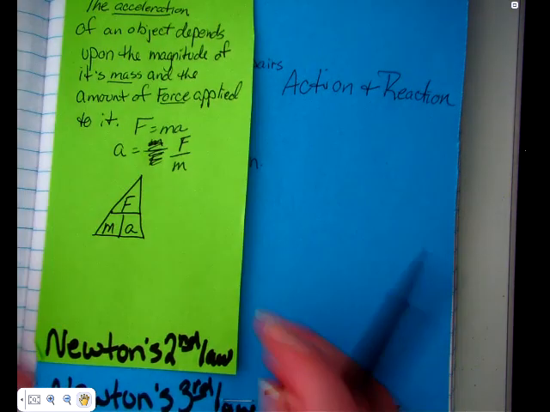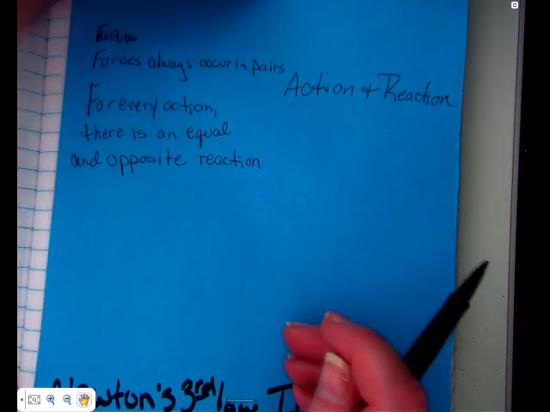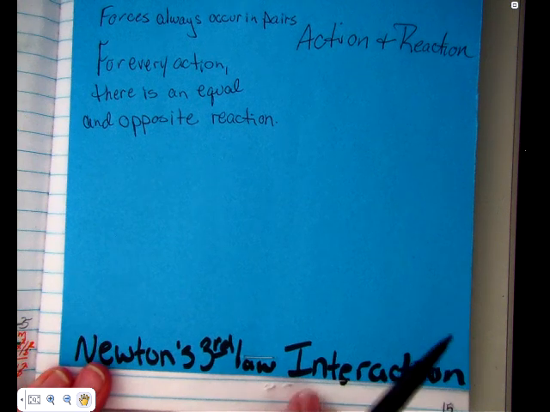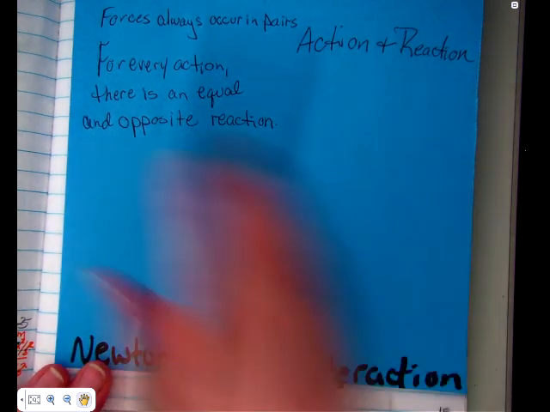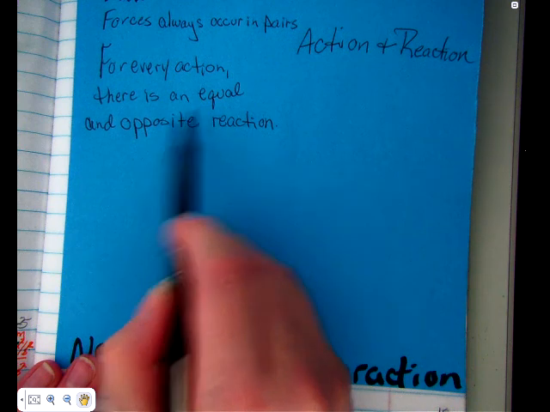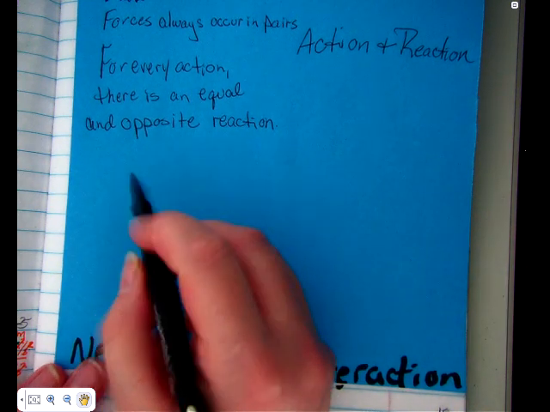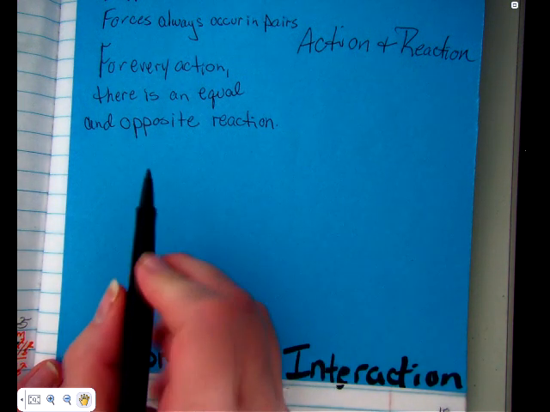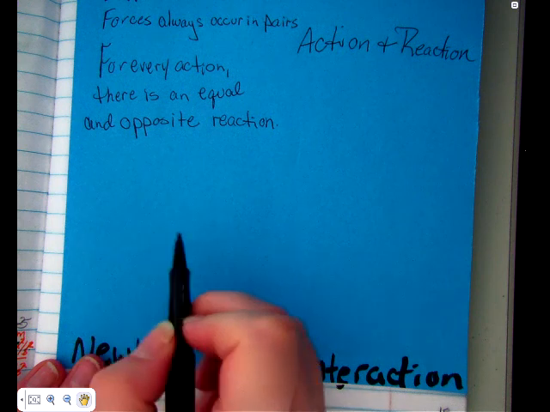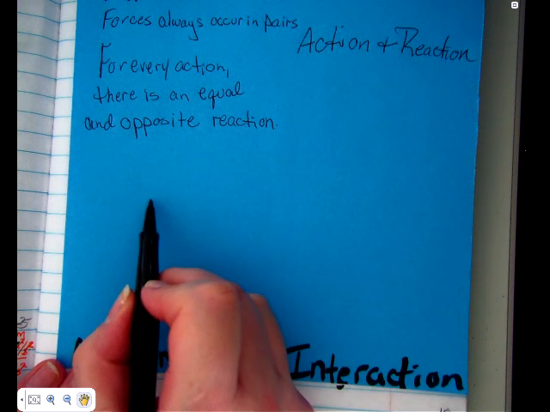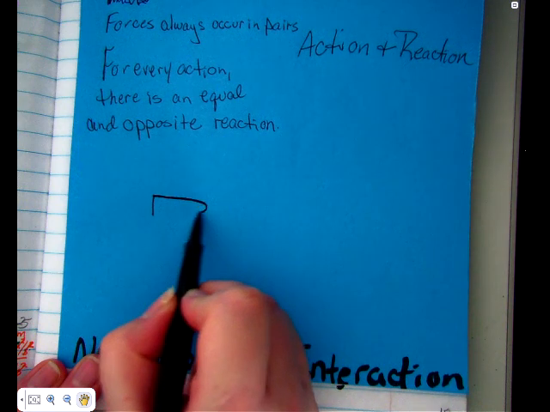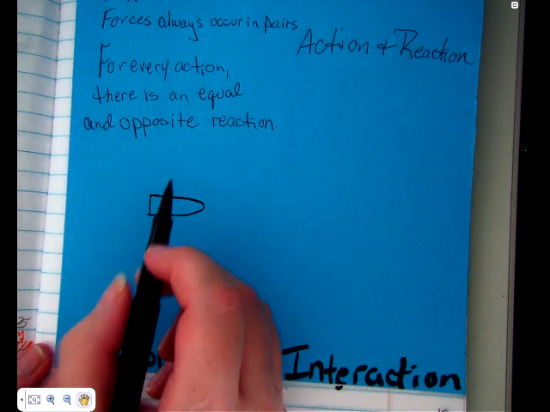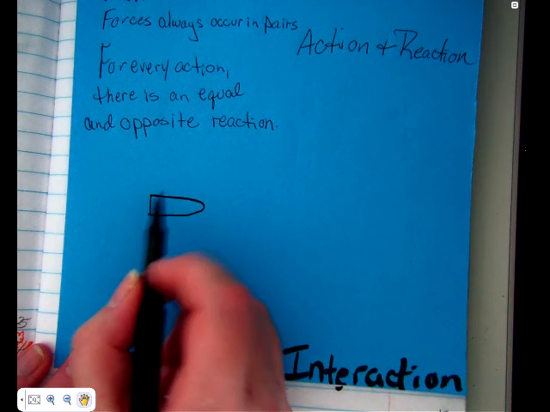Now, Newton's third law, forces always occur in pairs. That's what interaction means, action and reaction. For every action, there is an equal and opposite reaction. And so you can draw a number of little diagrams here. Anything that a force is being applied to. My artistic abilities are lacking, but you might be a little bit more inclined to draw.